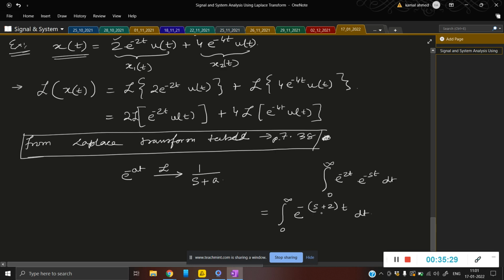What will be the integration of e to the power minus (s plus 2) t dt? Tell me.